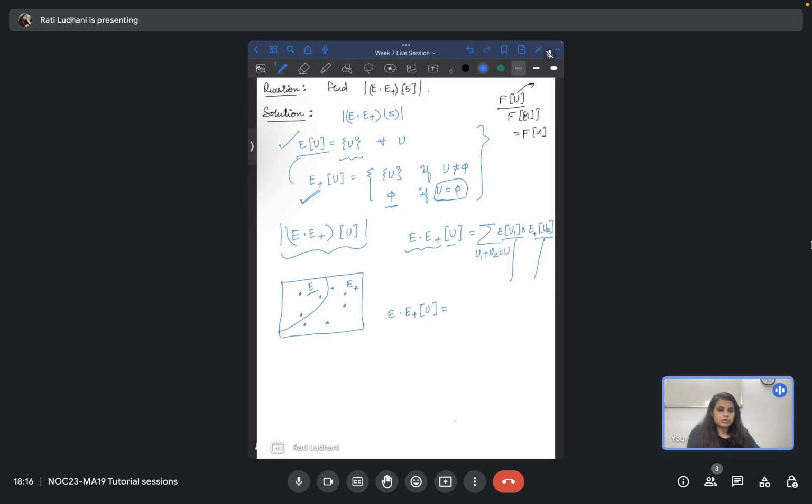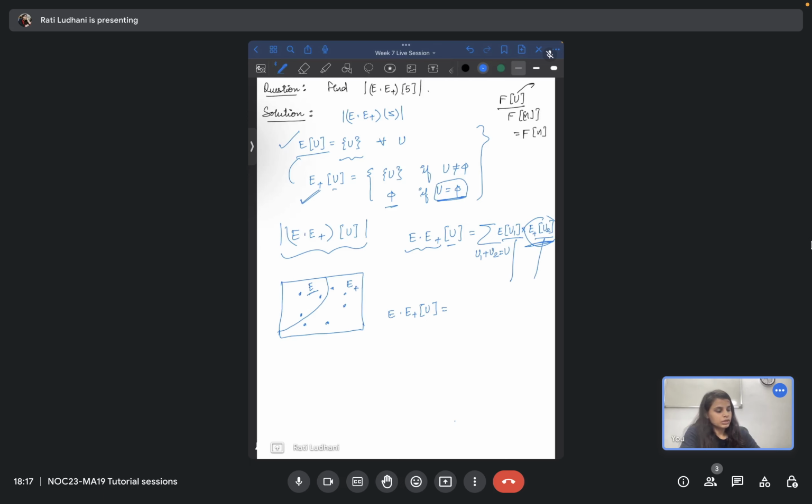But if U is equal to phi, if that is the empty set, then there is no structure. This is the difference. So if U is equal to phi, then this set will be just phi, and this set will be nothing. So it's just the empty set, EU1 cross the empty set, so that is nothing.